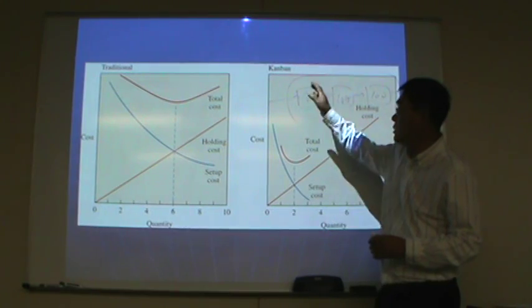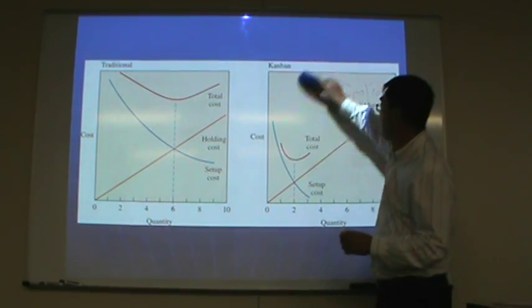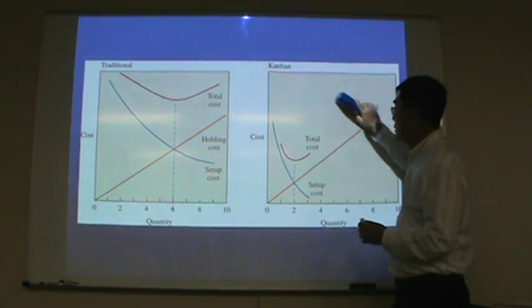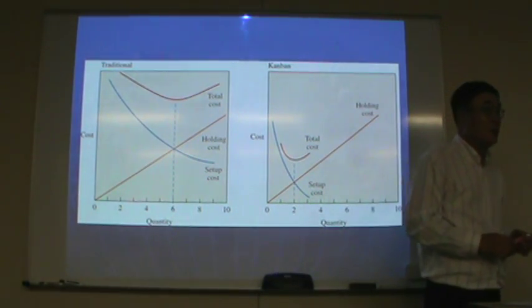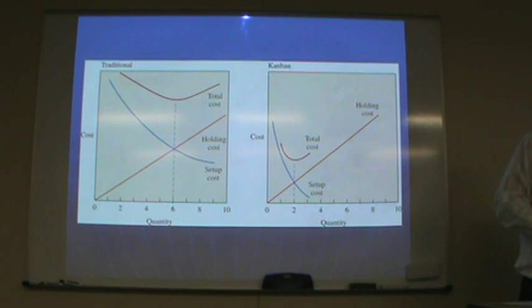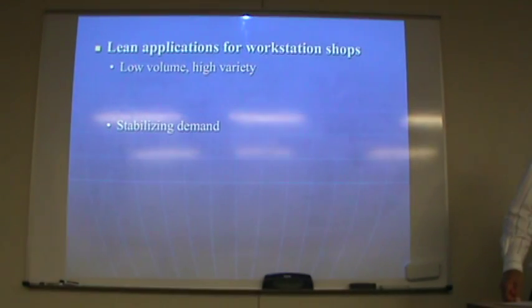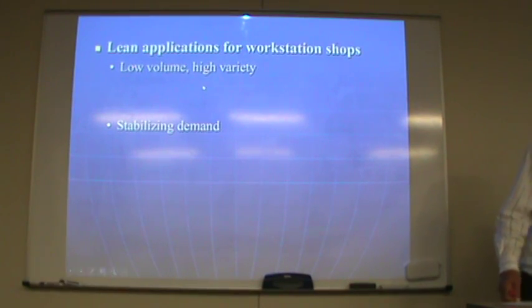The JIT system uses the Kanban system. With small lot size, maybe we can reduce cost because we don't need inventory and so on. And lean application for workstation shops.